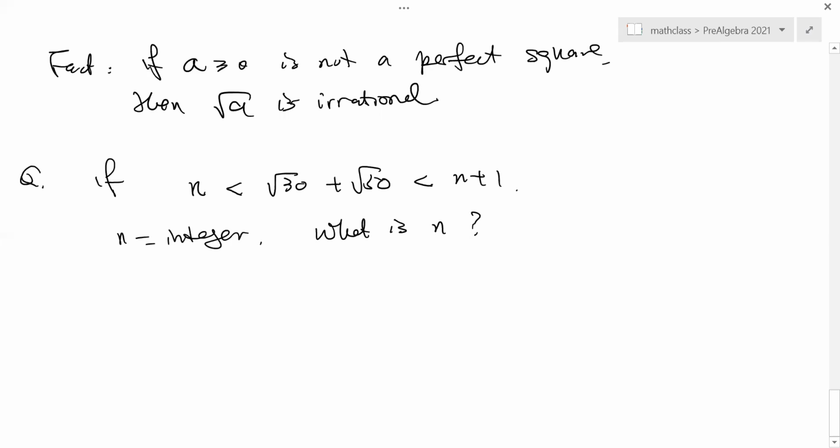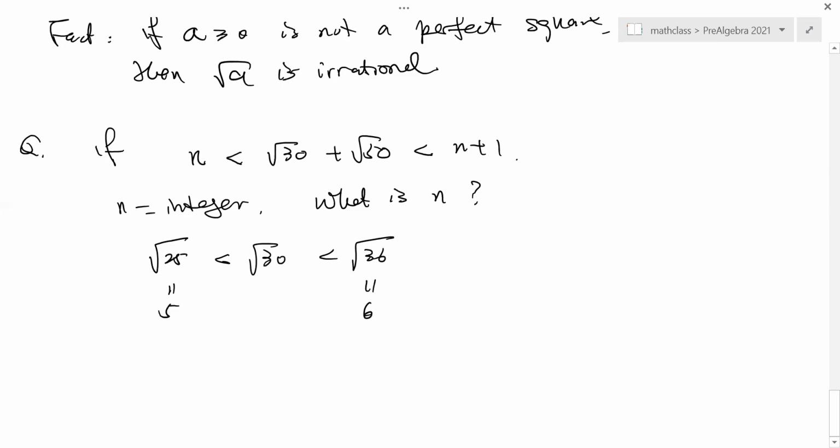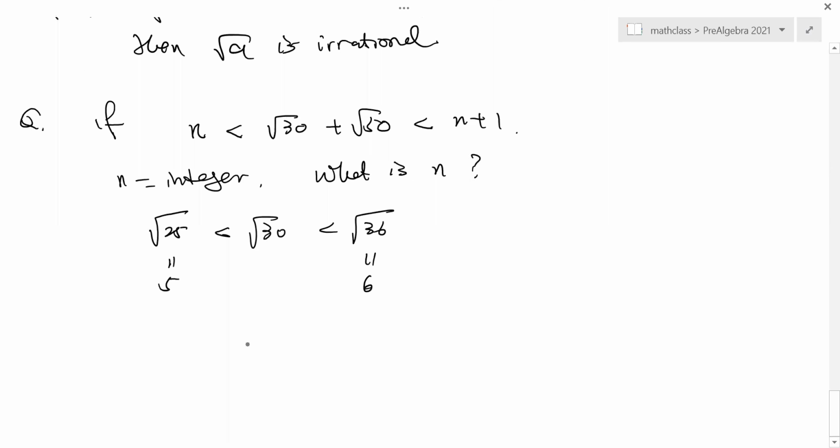So we are told that the sum of the two numbers is between two integers, so we have to do a rough estimate. I know square root of 30 is less than square root of 36 and greater than square root of 25. So this side is 5, this side is 6. Square root of 30 is between those two numbers.